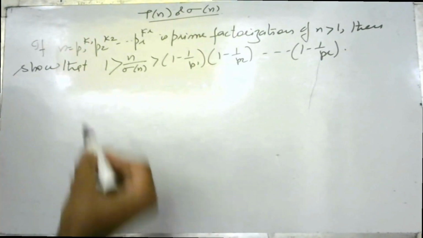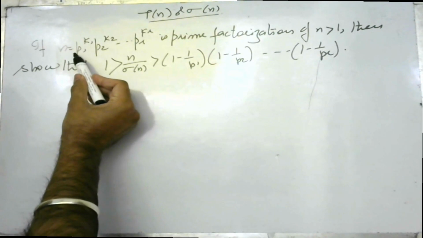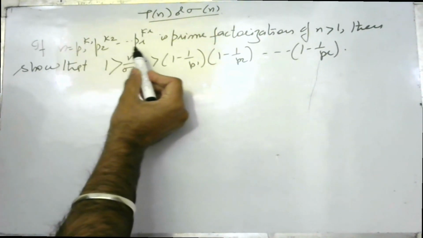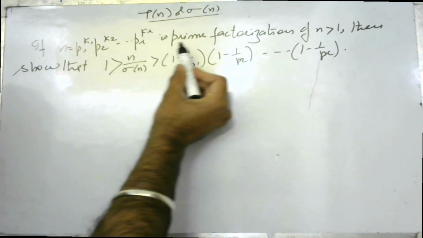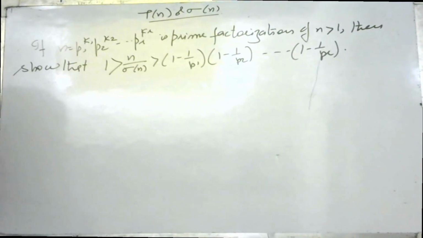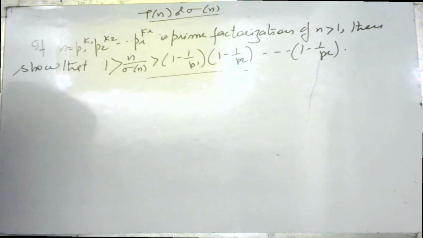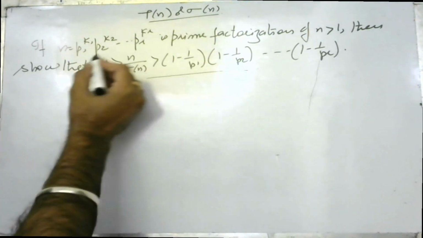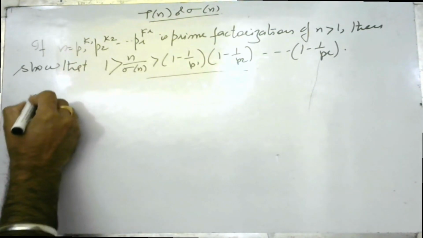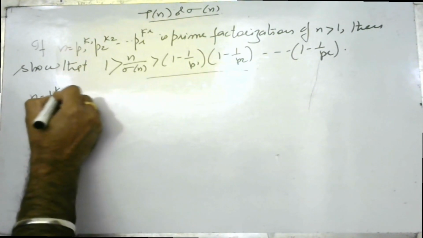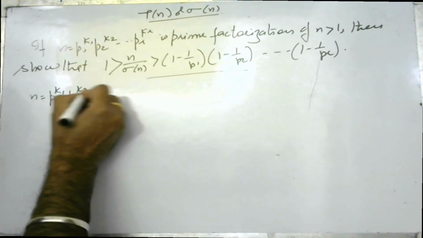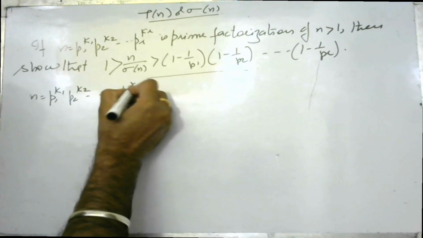Next numerical: n is equal to p1 power k1, p2 power k2, and so on, pr power kr, be the prime factorization of n strictly greater than 1, then show that this inequality holds. So we have to prove this inequality. To prove it, we start with the prime factorization, that is n equals p1 power k1, p2 power k2, pr power kr.